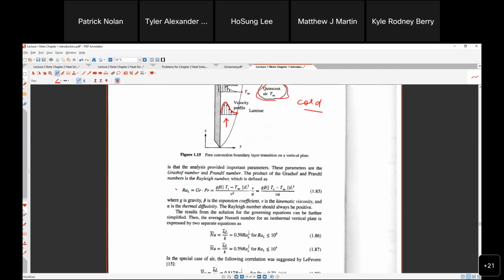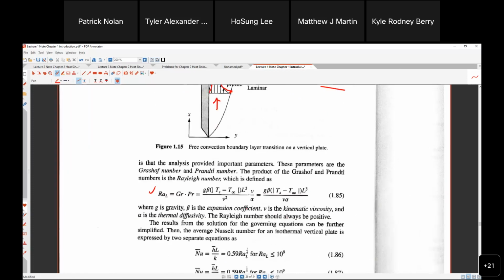So we discussed the Rayleigh number for convection. Rayleigh number is important. Gravity. This beta is not the optimum beta. This is the expansion coefficient. Keep in mind, the expansion coefficient is the inverse of the film average temperature.